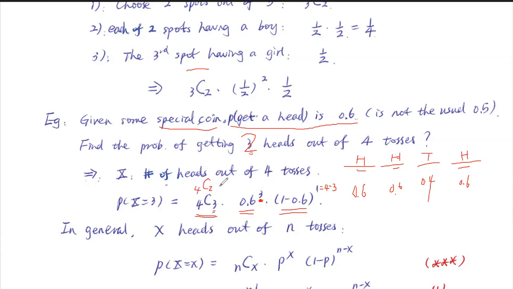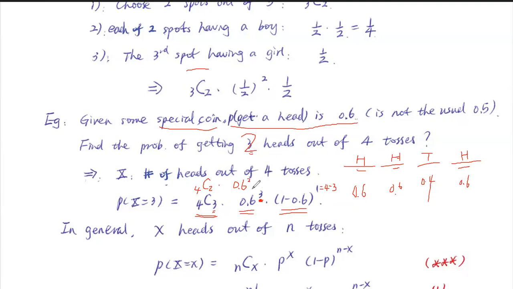And then multiply, we want to get 2 heads, so 0.6 to the square, 2nd power. Because previously we said 3 heads, then we had the 3rd power here. Now we have 2 heads, that's square.